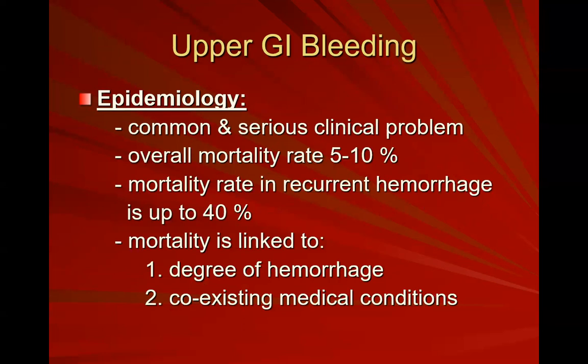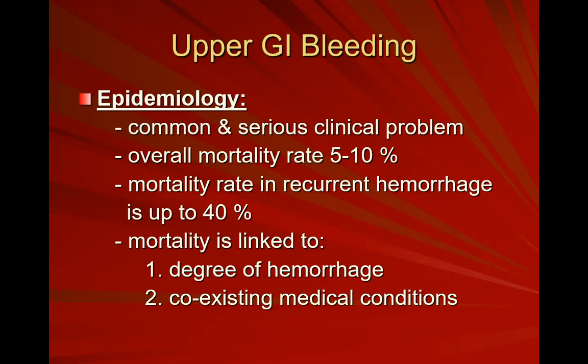So this is the statistics about upper GI bleeding. It is considered a serious complication of many disorders. Why? Because it can lead to life-threatening bleeding, which needs to be resuscitated.